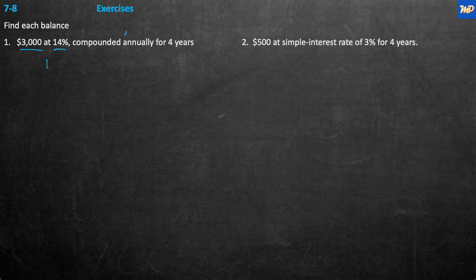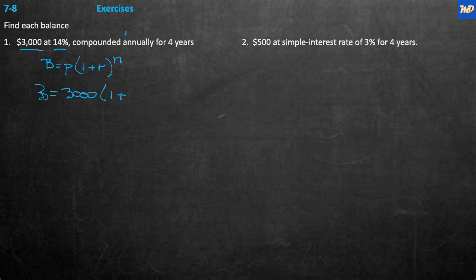And what was the formula? I think it was B is equal to P times the quantity 1 plus R to the N. Okay, so B is equal to P, and the P is $3,000 times 1 plus what? Oh, 14%.